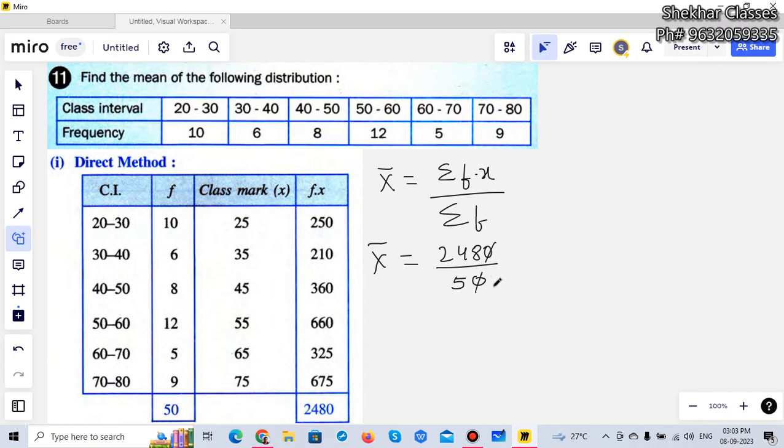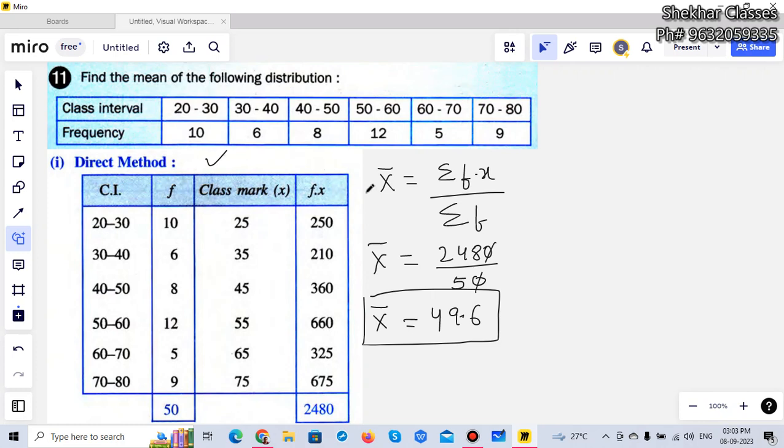So if you solve, 248 divided by 5, how much do we get? 248 divided by 5 will give you 49.6. So the mean that we have got is 49.6. So this is the answer here for the direct method. This is the direct method we are doing.